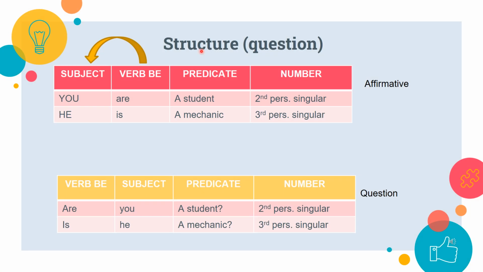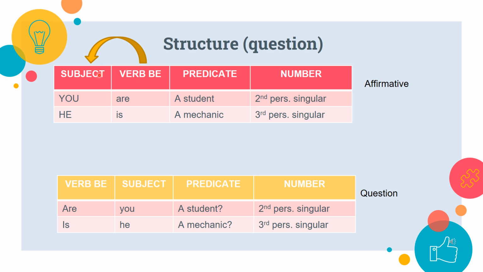Now the structure for the question form. Again, we have the affirmative structure, that is the subject, the verb be, the predicate. To form a question in the simple present with the verb to be, we only change the position.